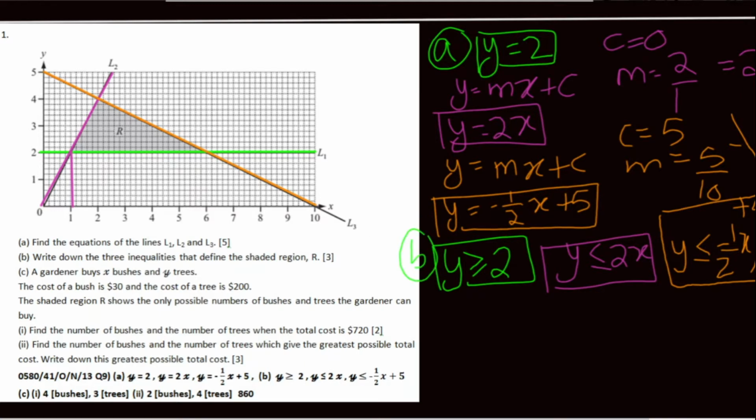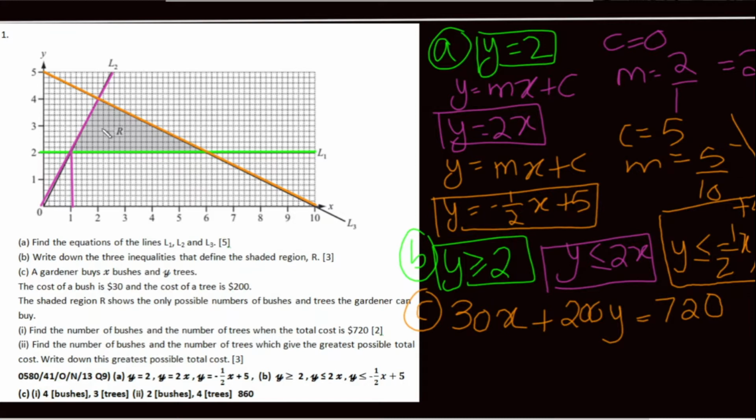Let me change this into an expression. The cost of a bush is 30, so 30x plus 200y equals 720.